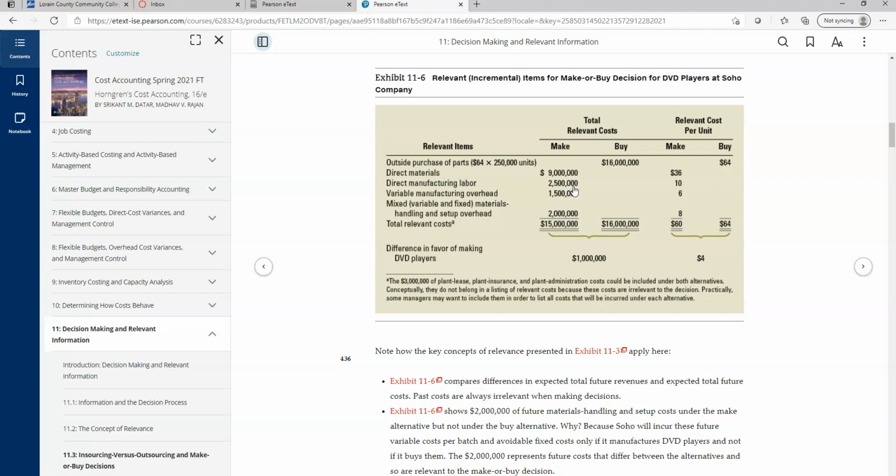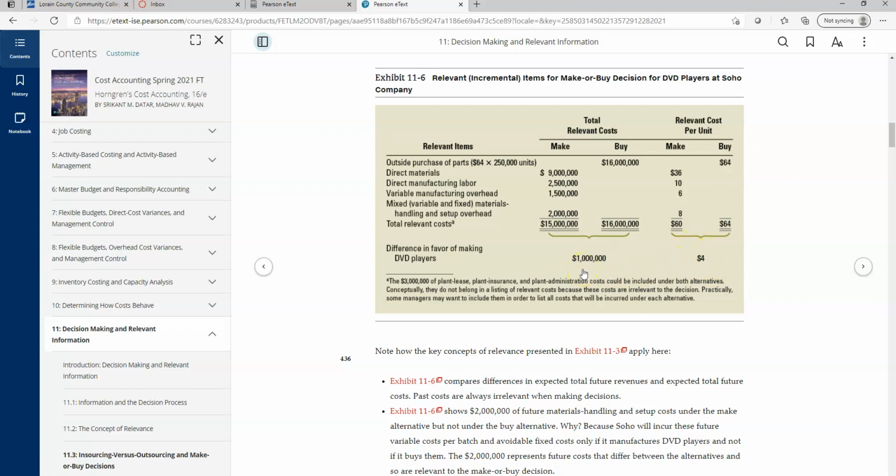It currently costs them $15 million to make. They got an offer from another company to buy those for $16 million. So on the face value of it, we see this in aggregate under total relevant costs and relevant cost per unit over here on the right in this panel.